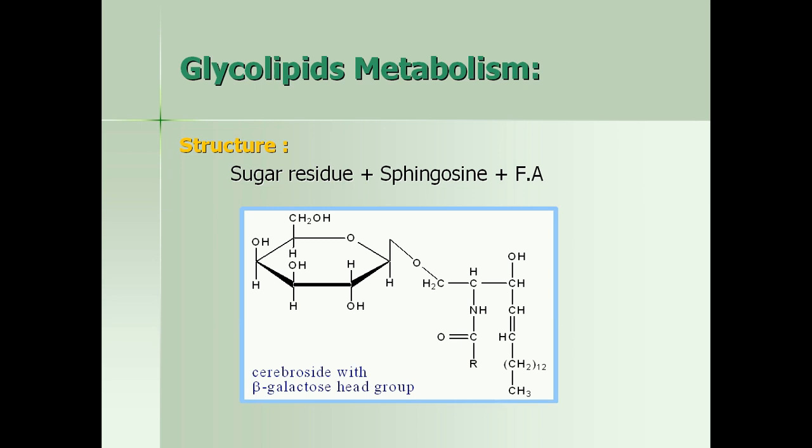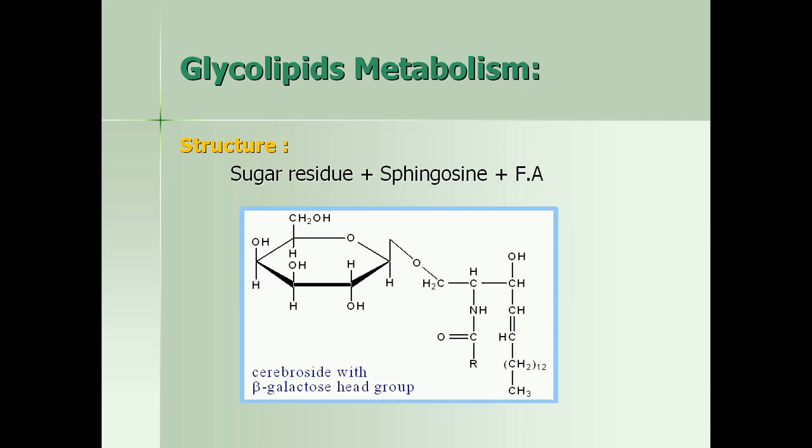Let's review their structure and give a brief introduction. Glycolipids are derivatives of ceramides. Ceramides include sphingosine and fatty acids that attach to sugar residues.